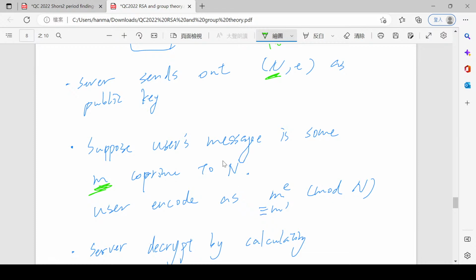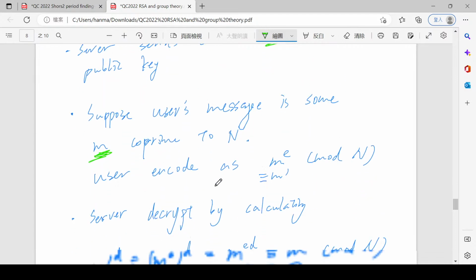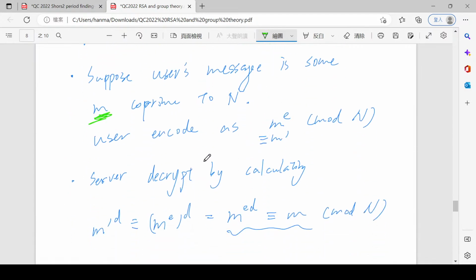Let's assume we are lucky. Although it has some chance, if PQ is very large, M has a high probability of being in the group. Then the user will encode its message by calculating M to the E's power, mod n. Now we are back to the multiplication group of n. And that's the message.